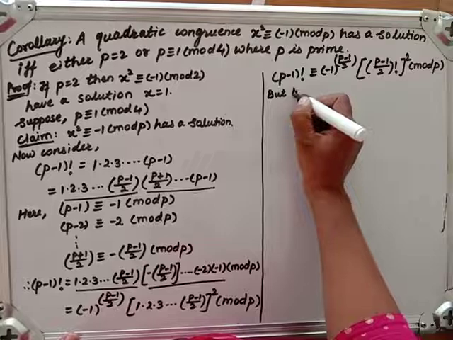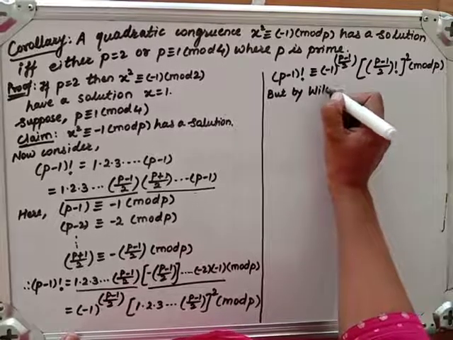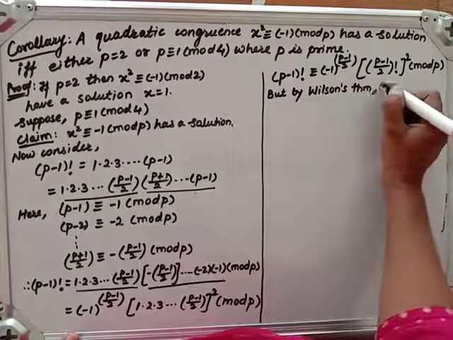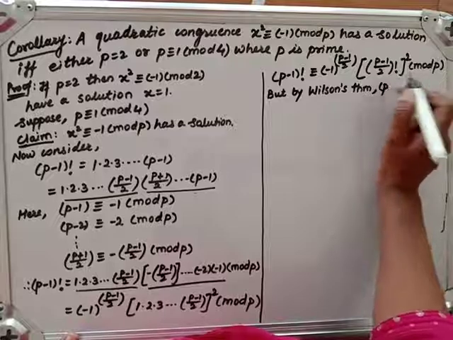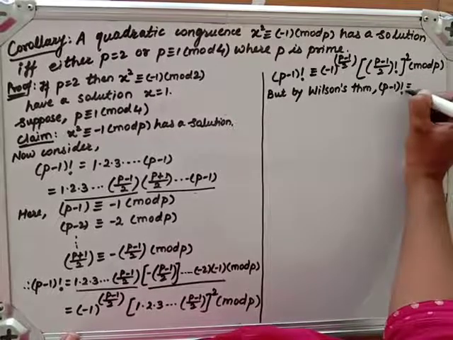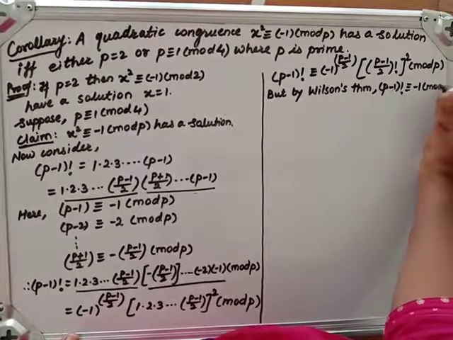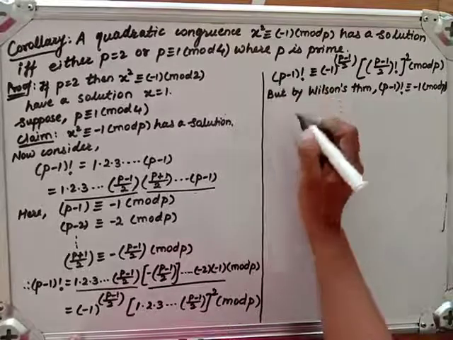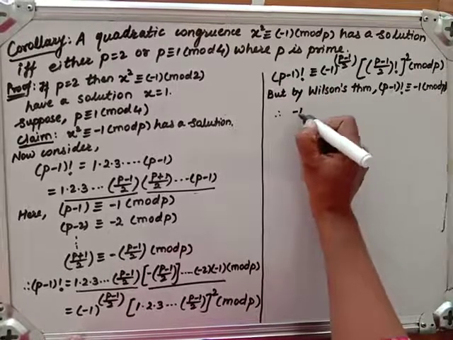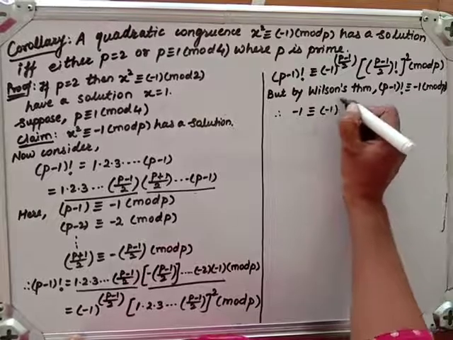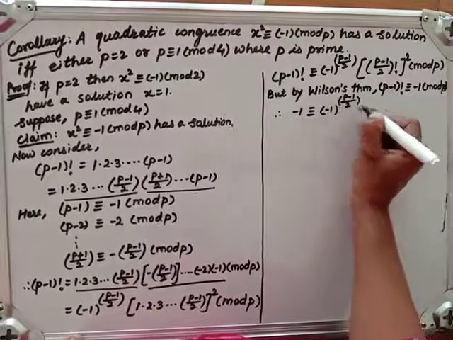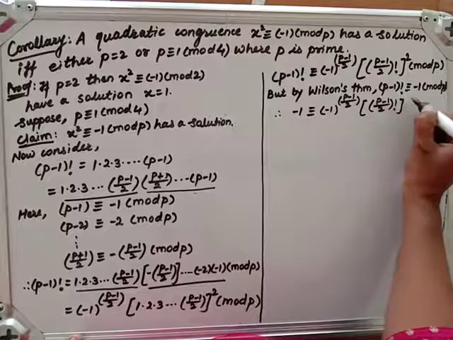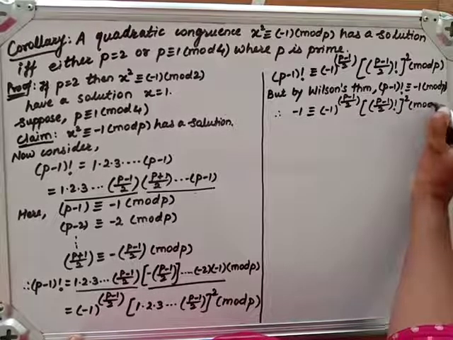But by Wilson's theorem, what do we get? We have (p minus 1) factorial congruent to minus 1 modulo p. So here we can replace. Therefore we get minus 1 congruent to minus 1 raised to (p minus 1) by 2 into ((p minus 1) by 2) factorial its square modulo p.